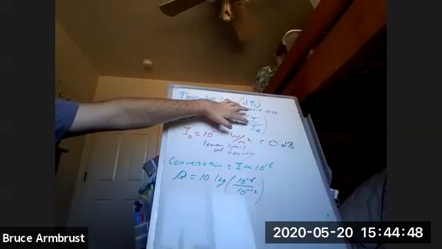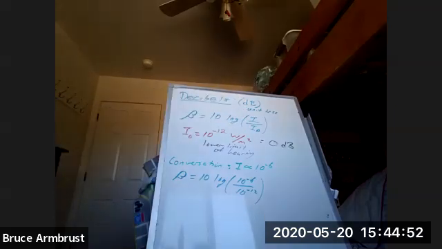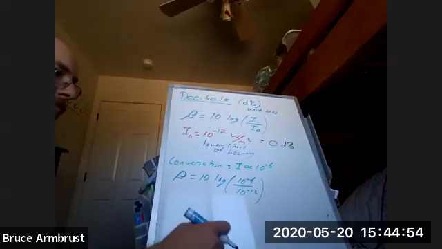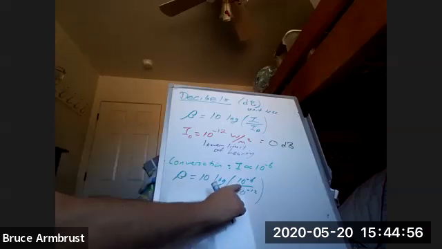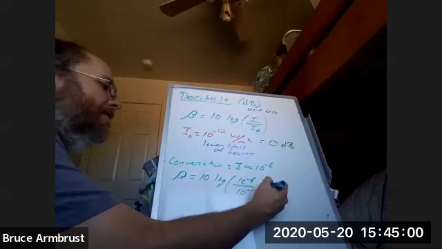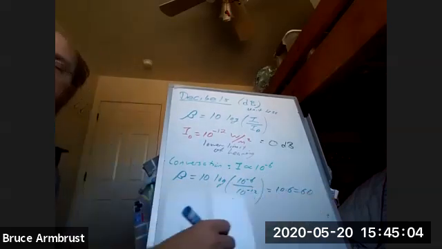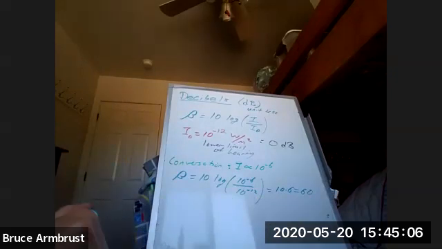Because when we take I and I naught, they both have the same units, those cancel, and we're left with just a plain old number. Doing this division, we get 10 to the 6. The log of 10 to the 6 is 6. We get 10 times 6, or 60. So just having a regular conversation, we have a decibel level of 60.